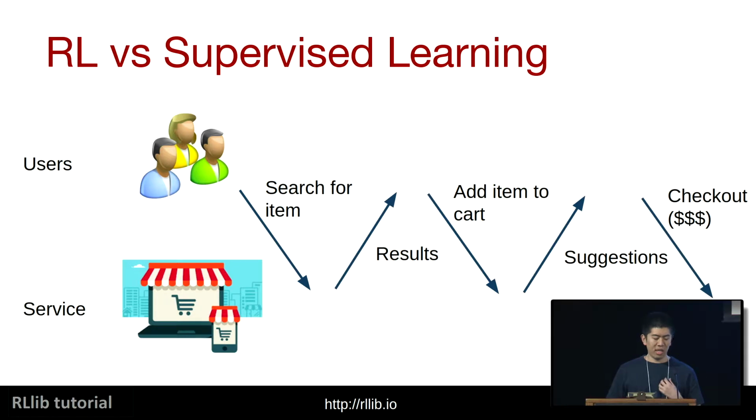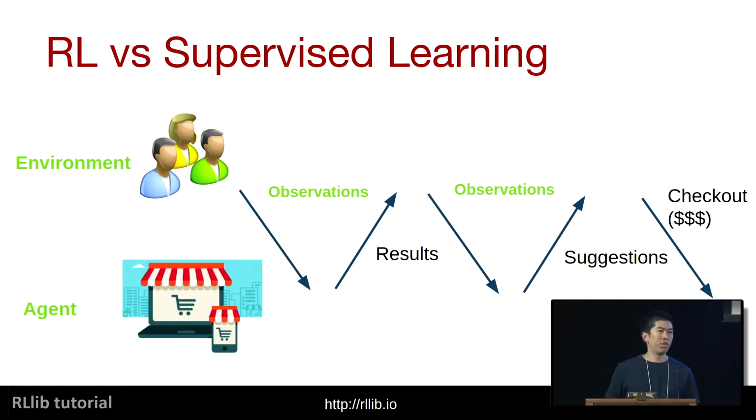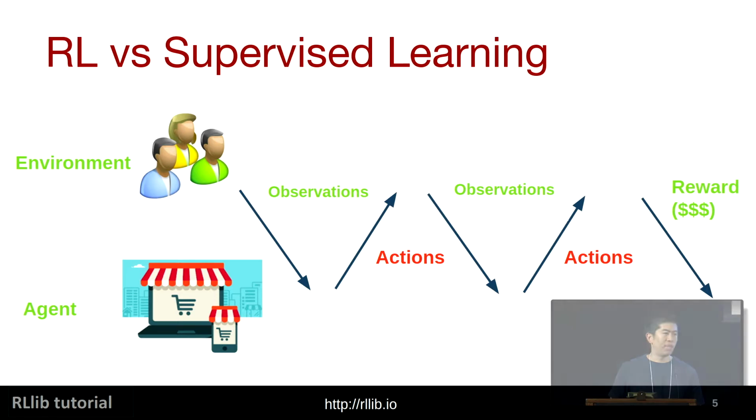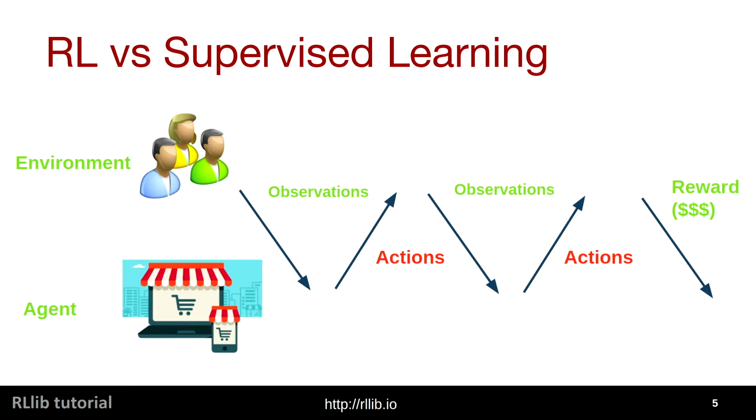And eventually, they might buy some items using your service. So this sort of interaction has a very natural mapping into the reinforcement learning formalisms. You can see the users as the environment, and your service as the agent that you're trying to train. Users are going to provide observations to your agent, and your agent is going to provide actions that try to basically maximize the reward, or in this case, revenue.